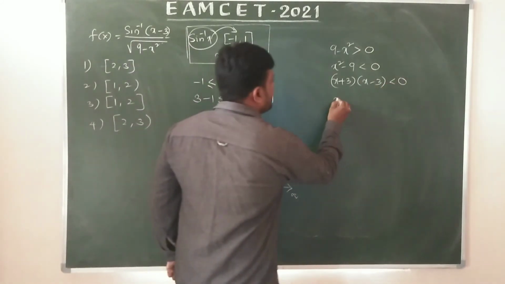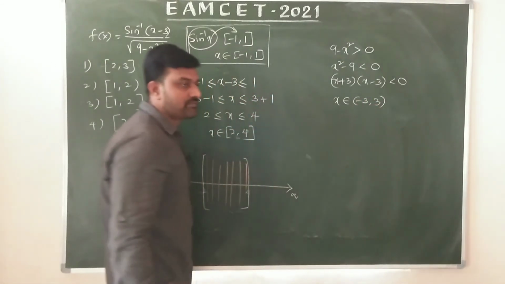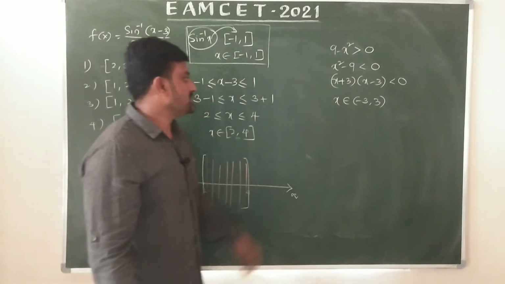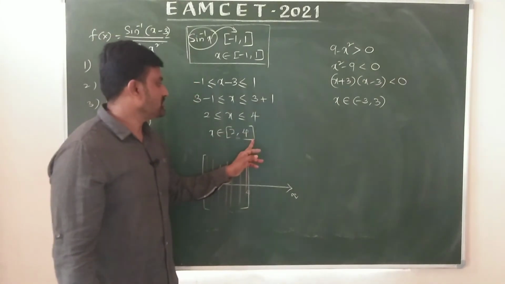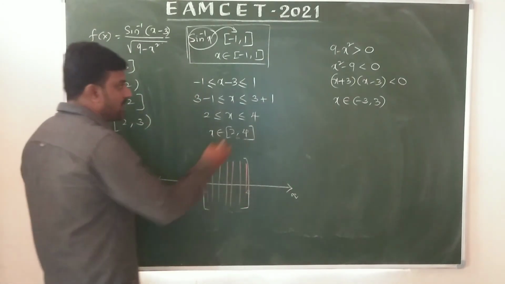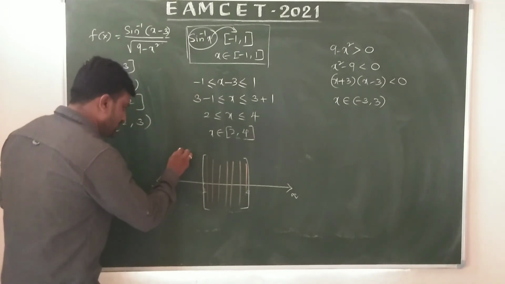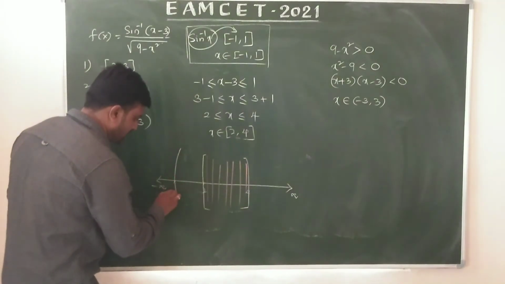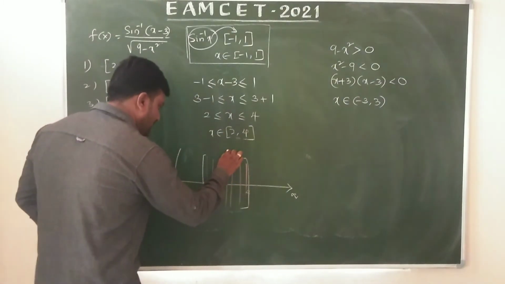Then x belongs to minus 3 comma 3. Now the common solution of both, we have two intervals. What is the common interval? Minus 3 comma 3. Suppose it is below 2, then minus 3 here, and 3 is between 2 and 4, yes or no?